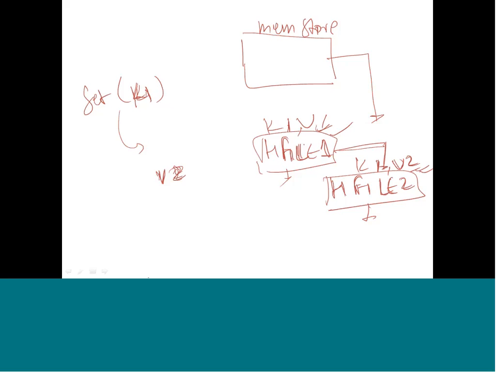Okay. Now, there is a possibility of a problem here. The problem is, if the speed at which you're writing data into this is high, that means the frequency of flushes is very high. That means you will create a greater number of files.